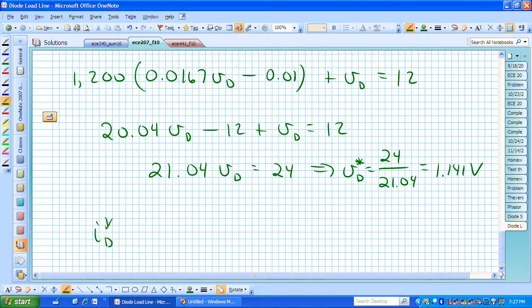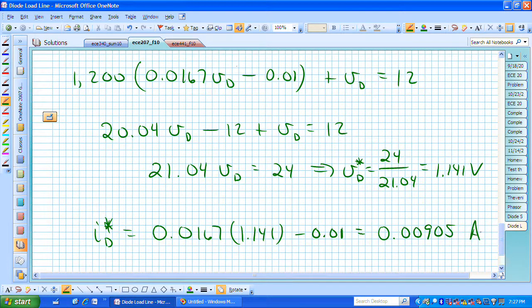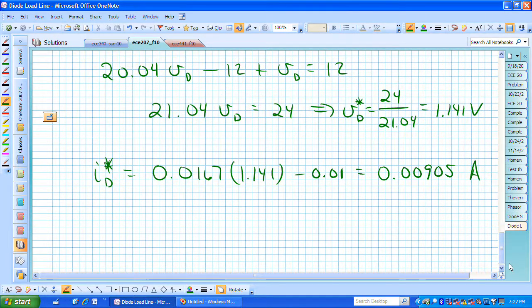We can find I sub d star by plugging that value into either one of these equations. If we plug it into the first equation, we end up with our current at the operating point being slightly more than 9 milliamps, and that's the more exact solution that we said we could find if we knew the equations for both of those curves.